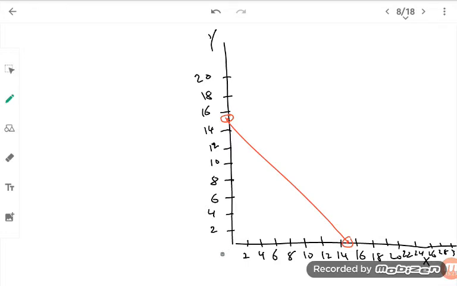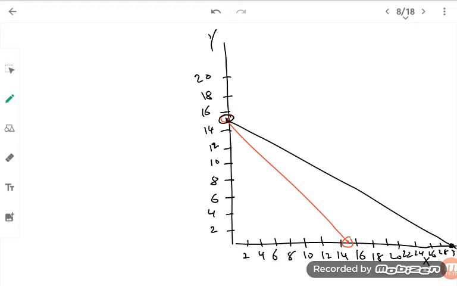So the first combination is 0 and 30, and the second combination is 0 and 15. So this is line number 2.